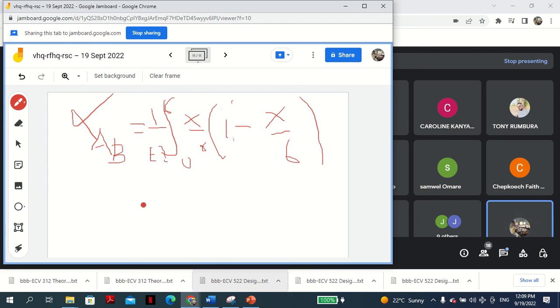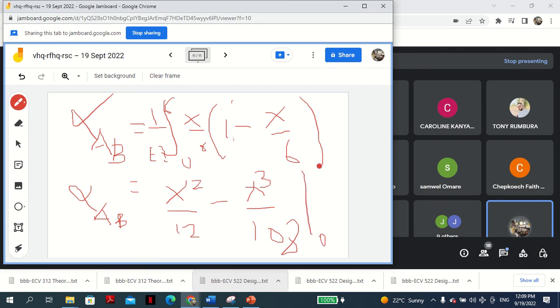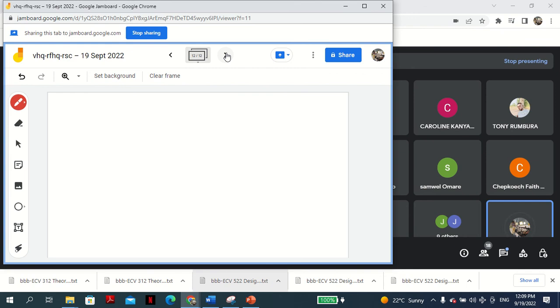The solution alpha AB, which is alpha BA, should give you, after you integrate, x squared over 12 minus x cubed over 108 from 0 to 3. That will give you alpha AB, which is alpha BA, is 1 over EI. So you've solved the two things.